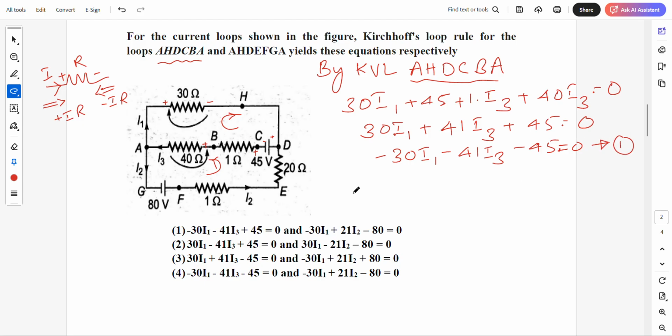Now for the second loop by KVL, for which loop?